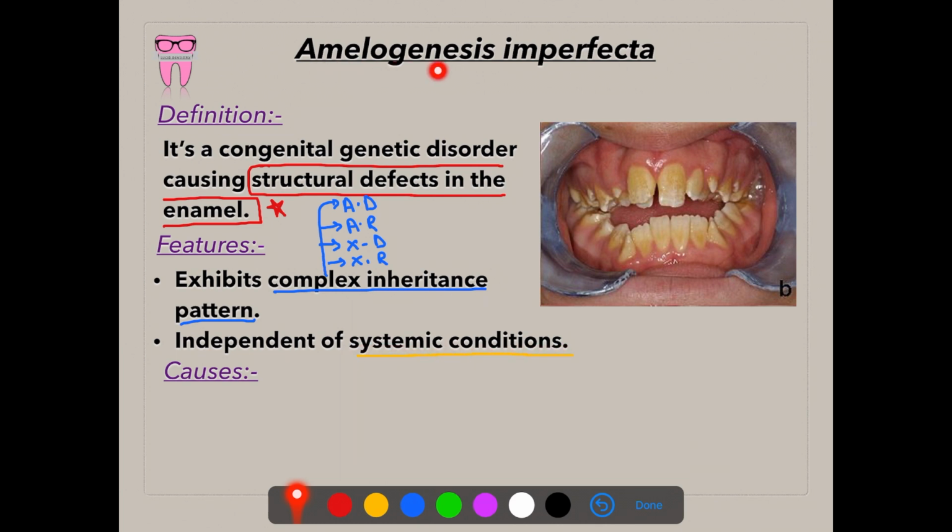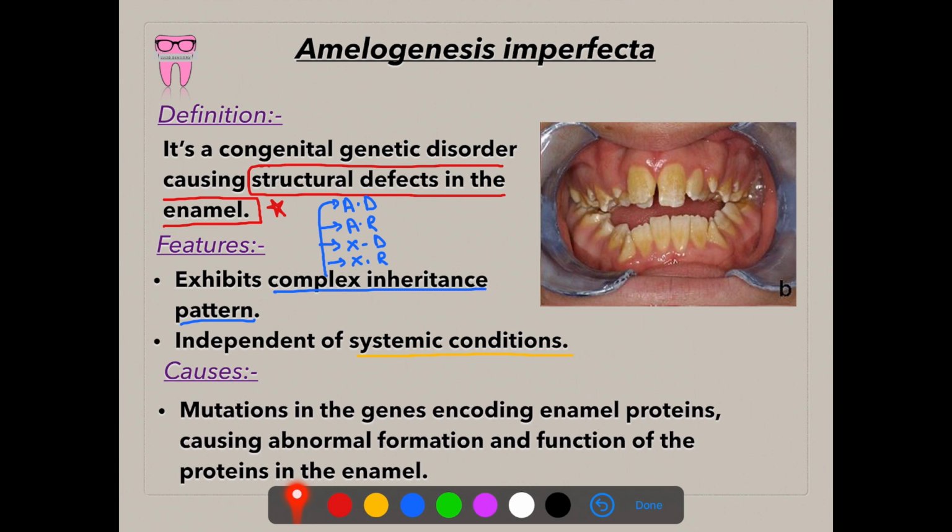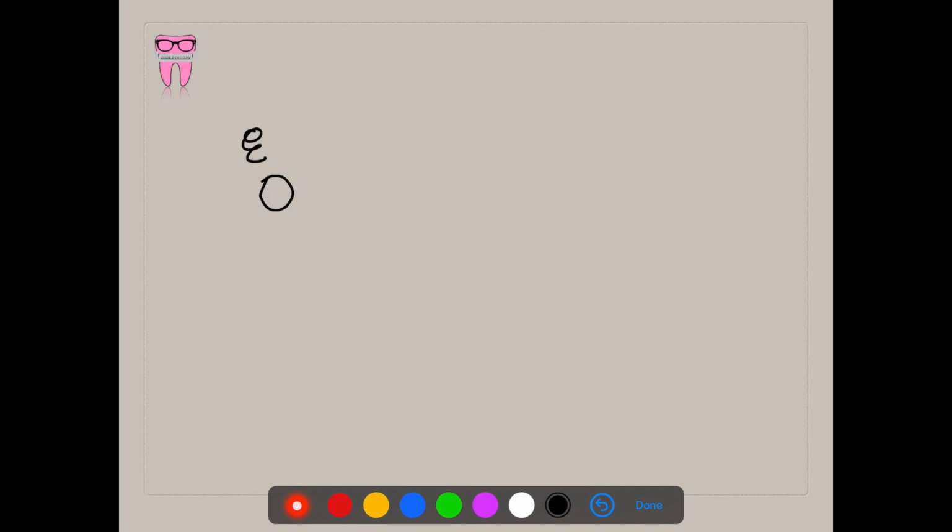Since amelogenesis imperfecta is purely a genetic disorder, it has got no influence of the systemic conditions on it. So now let's look into the cause of amelogenesis imperfecta. Amelogenesis imperfecta is caused by mutations in the genes which encode for enamel proteins. Mutations, since it's a genetic disorder, mutations in the genes cause amelogenesis imperfecta.